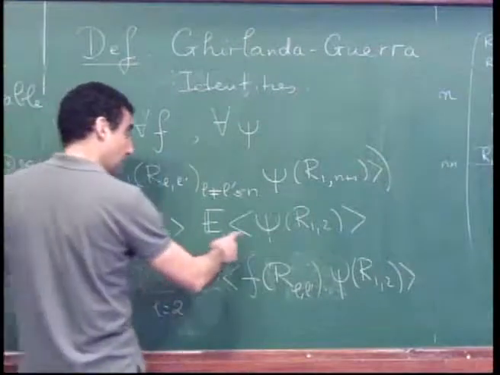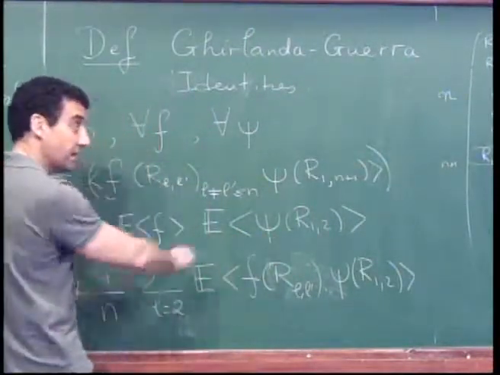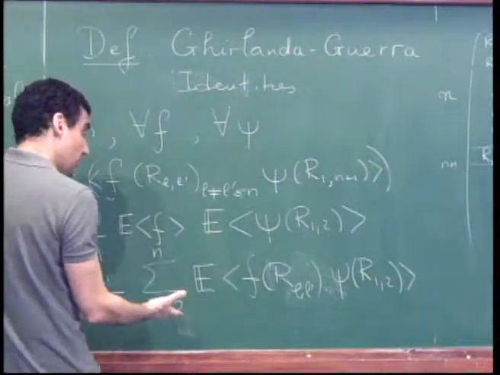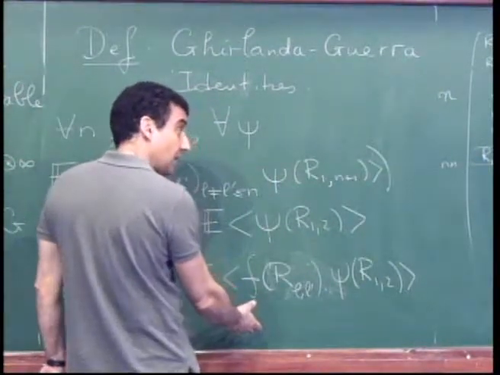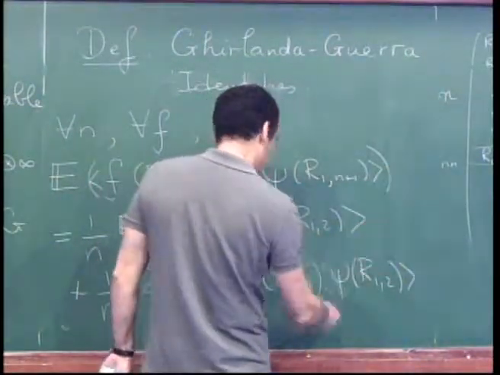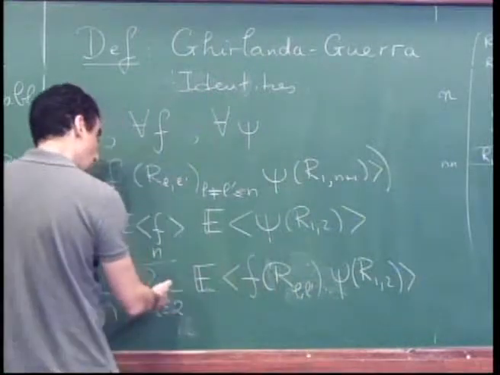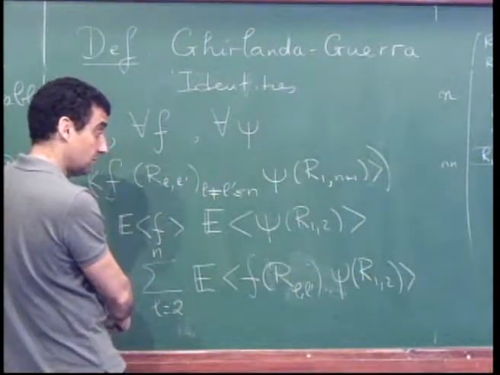So here I get zeta with a 1 over n, that's the first term. And here what do I get? If I divide this by expectation of f, I get just the Dirac mass at R1L, and normalize also by 1 over n. Okay?